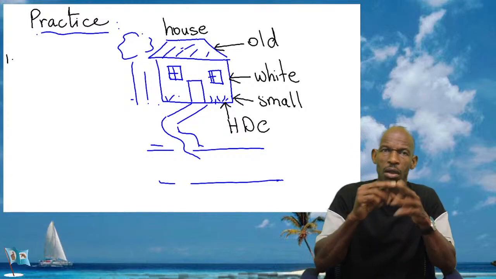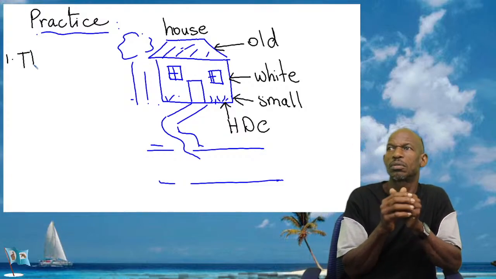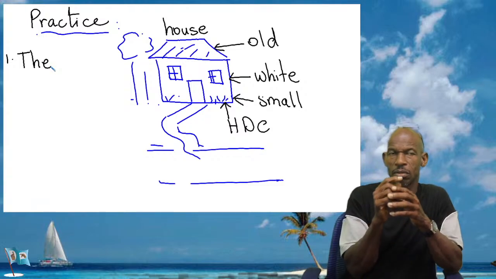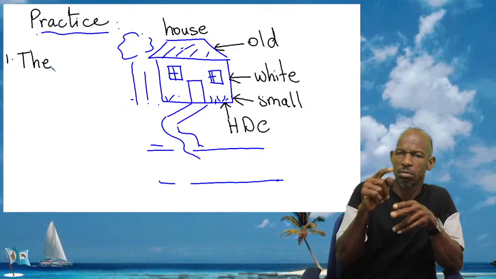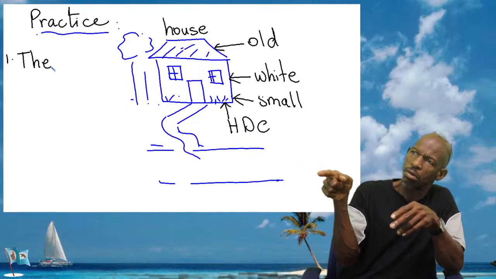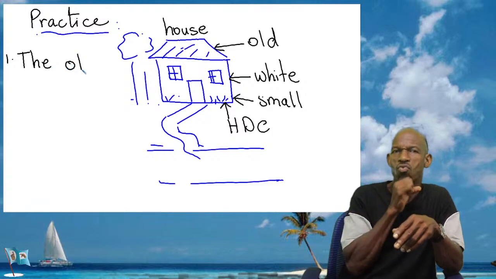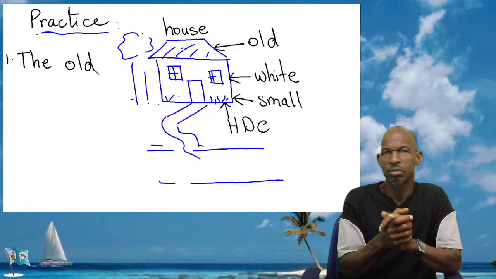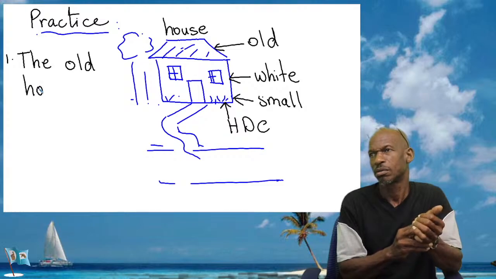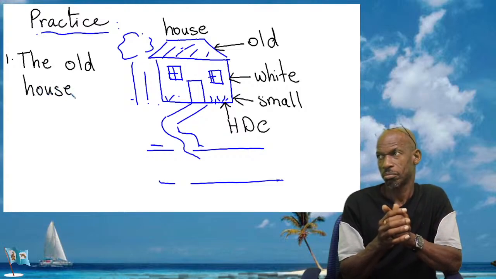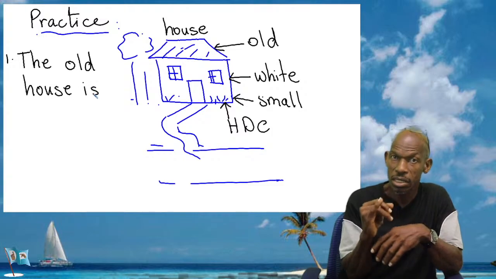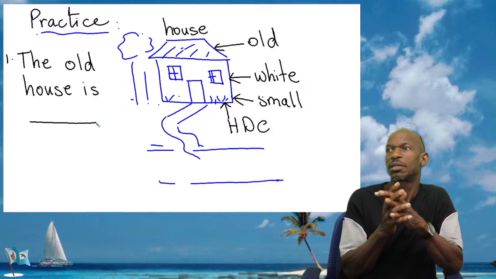I'm using the word the, because we use the, as I told you, to point at a specific noun. So we say the, and then we put in the adjective. The old house. But this is not the end of the sentence. The old house is, but I have to say something about this old house.